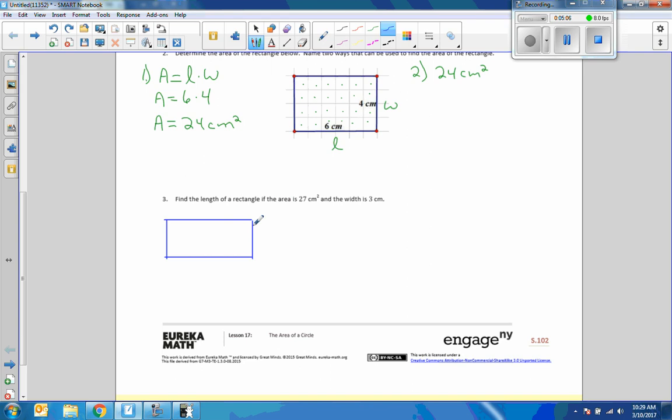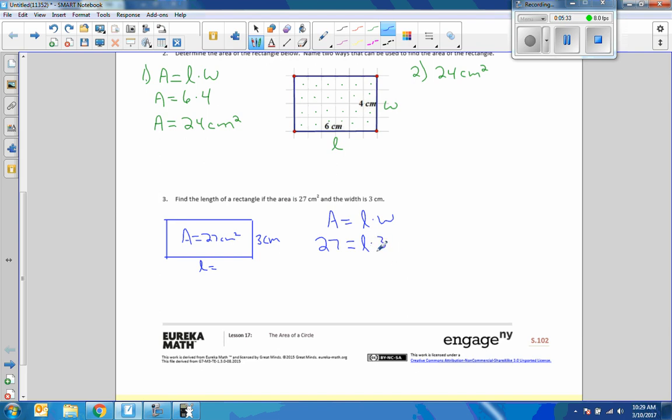It says find the length. I want that, if the area is 27 centimeters squared and the width is 3 centimeters. So area equals length times width. In this case, we know the area, so we put that in place of A. 27 is A. The length we still don't know, and the width is 3.